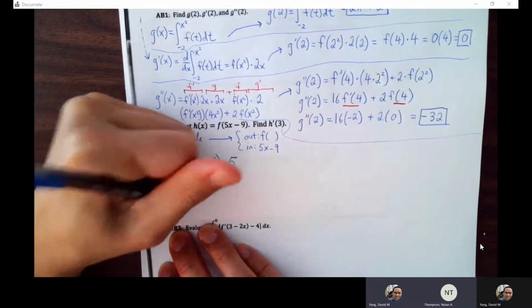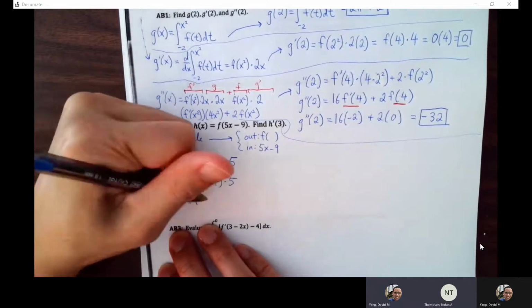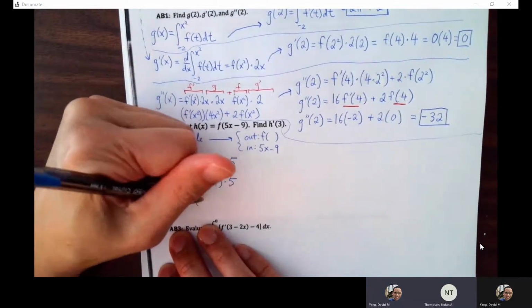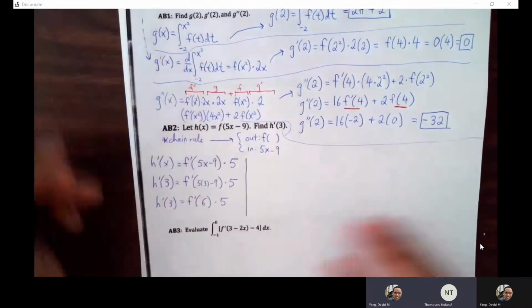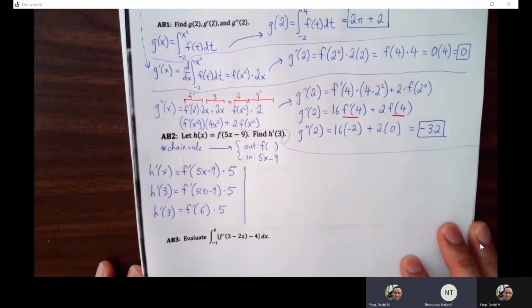So 5 times f prime of 15 minus 9, which is 6. So it's 5, yeah, exactly.